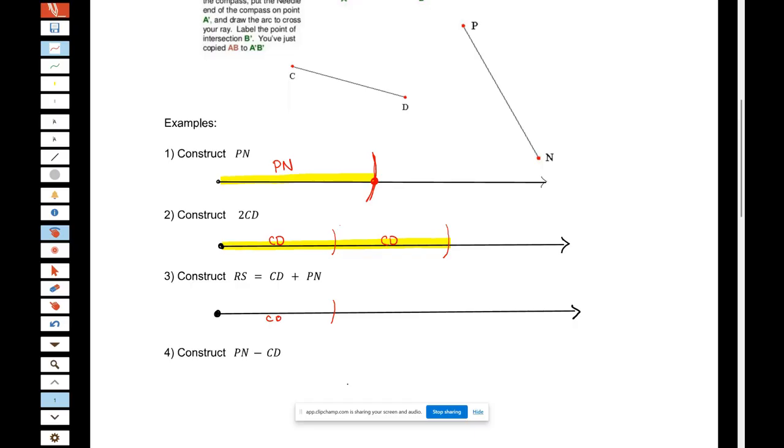Then I'm going to measure PN with my compass, and I'm going to add that on with my pointy part here. And then my endpoint over here, that's the length of PN. And it tells us the entire segment must be named RS. So this is where R would be, and this is where S would be, adding both of those together.